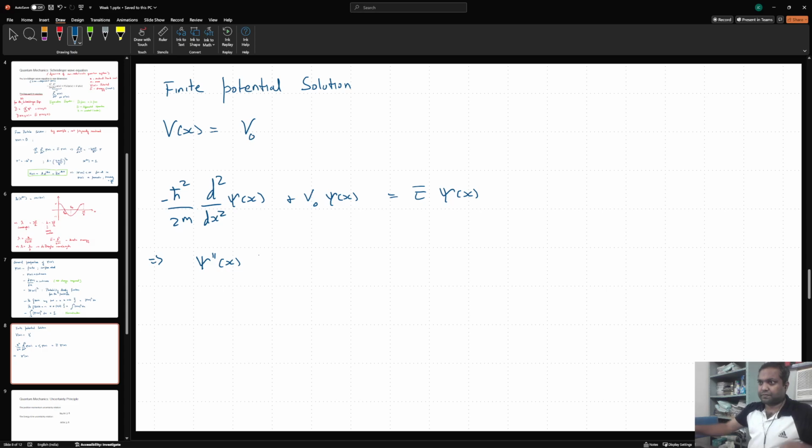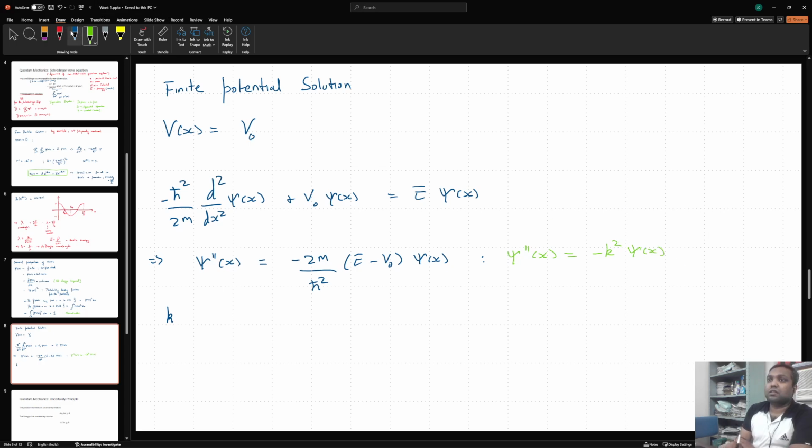So the second derivative is going to be as follows: minus 2m by h bar squared into E minus V naught times psi of x. Now again, one will be tempted to look at the case of the free particle solution and say that my constant k, so this is also of the form psi double prime of x is equal to minus k squared psi of x.